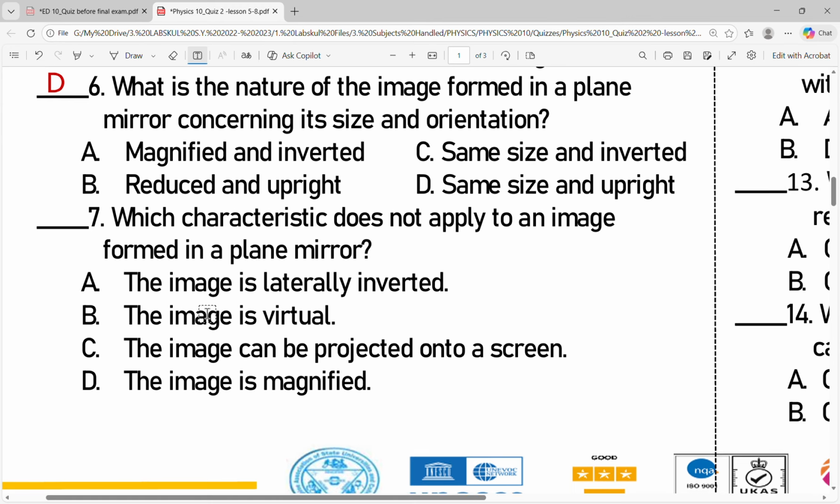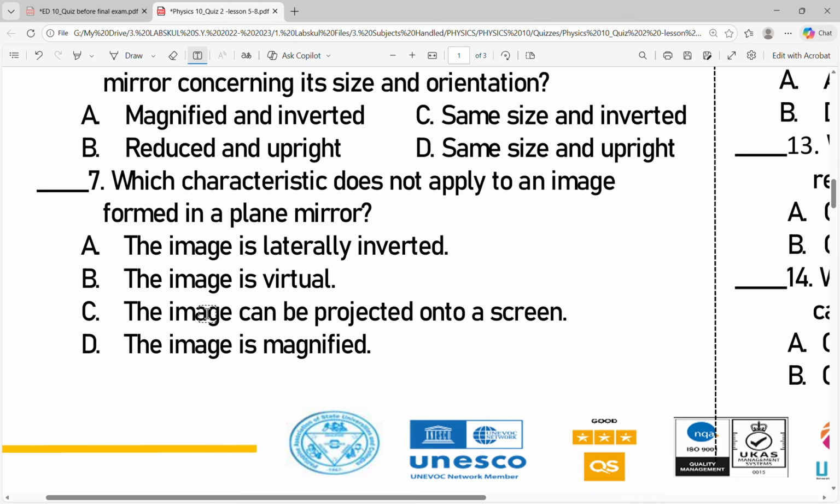Next, number 7. Which characteristic does not apply to an image formed in a plane mirror? Okay, so the answer here could be either letter C or letter D. Remember, guys, in a plane mirror, the image is laterally inverted.